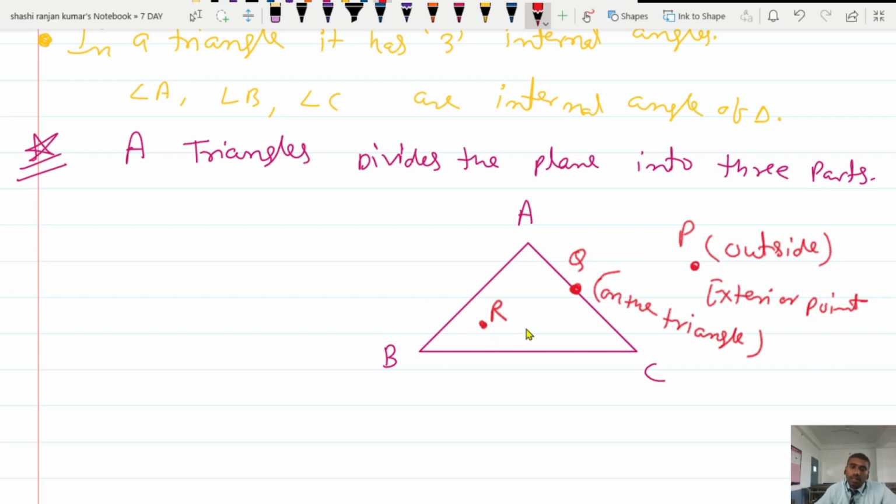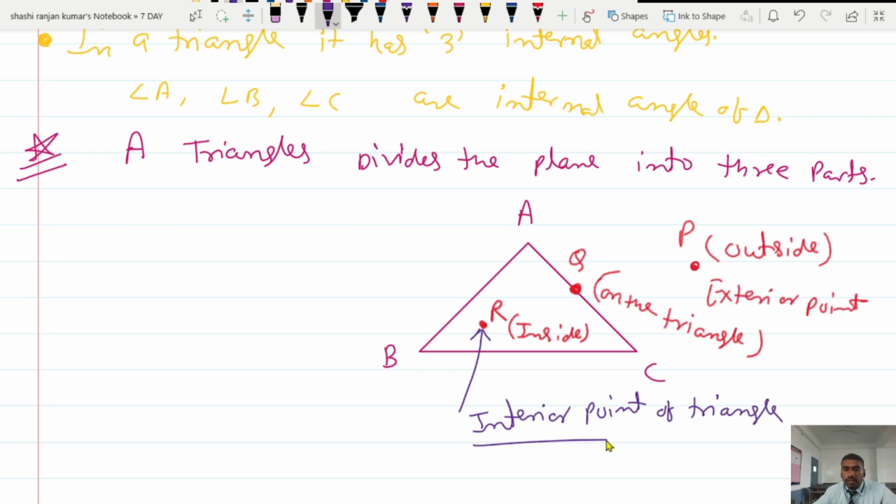This is known as the inside point, and it is also called the interior point of a triangle. Then here we have the exterior one, and one we have on the triangle.